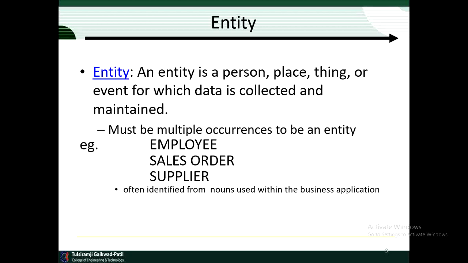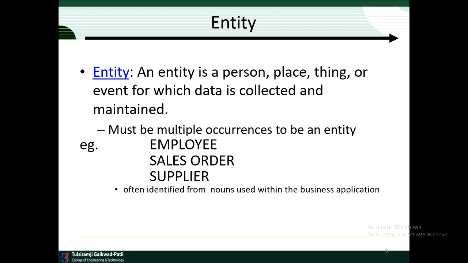An entity is a person, place, thing or event for which data is collected and maintained. There must be multiple occurrences to be an entity. For example, employee, sales order and supplier.